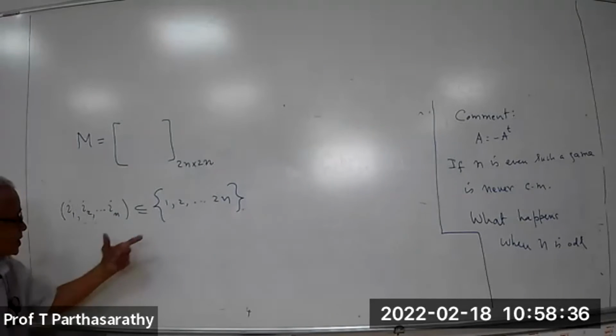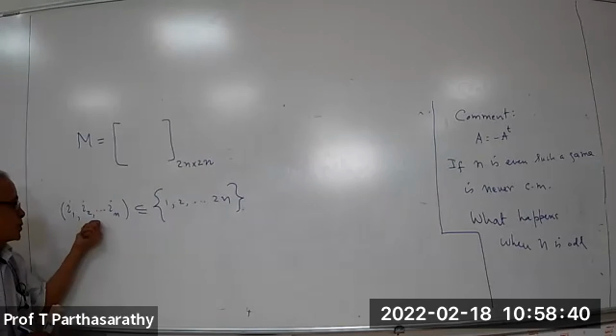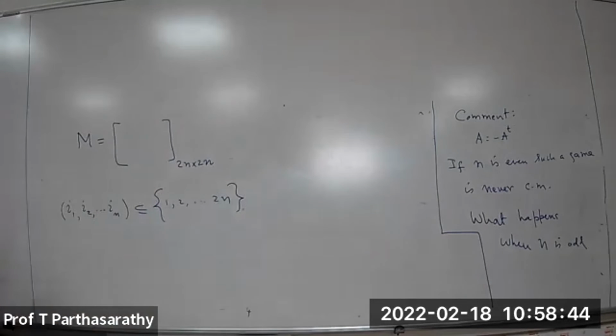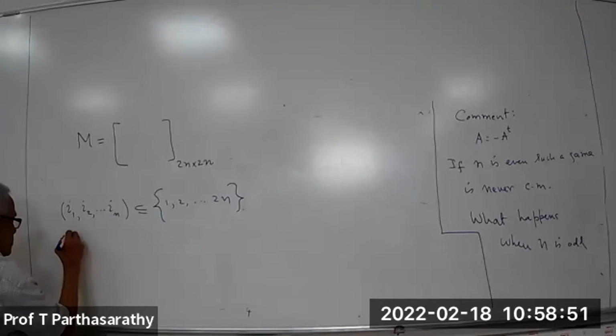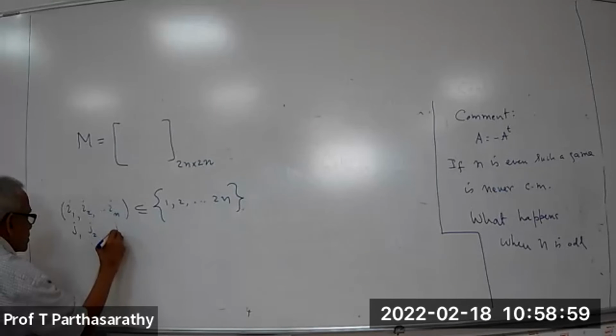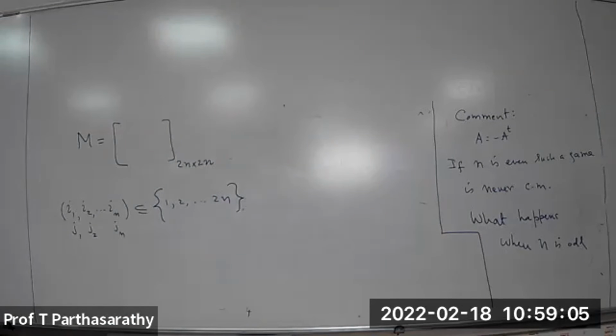I am choosing n integers out of that; I1 could be 2, I2 could be 4, etc. Now corresponding to I1 I write J1, corresponding to I2 I write J2, corresponding to In I write Jn. So the union of these will cover the entire set. Is it okay?